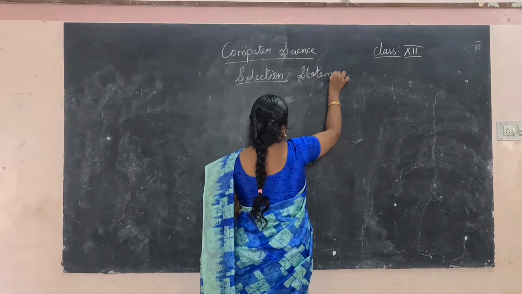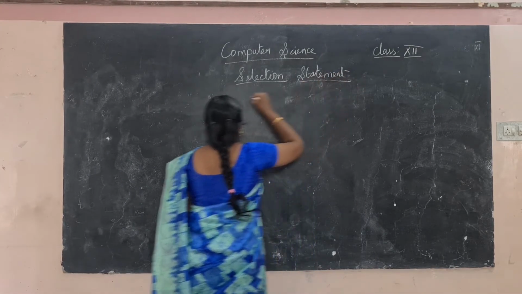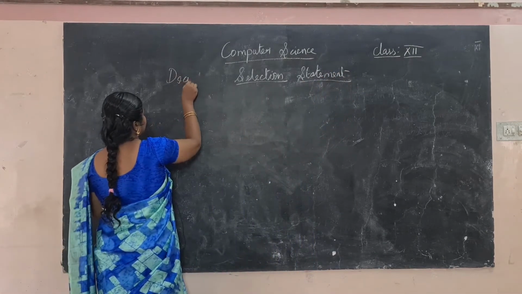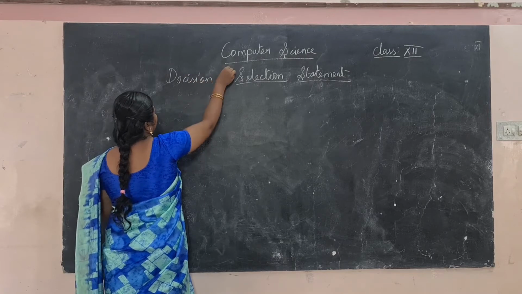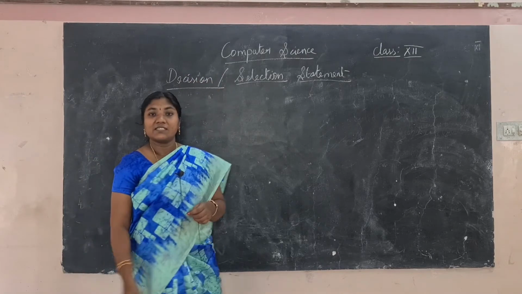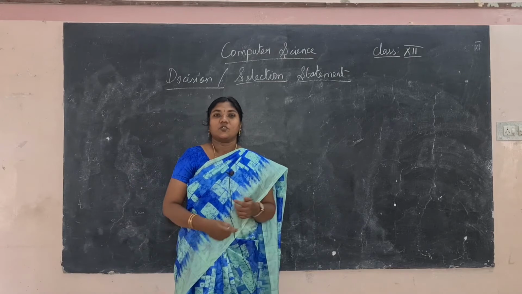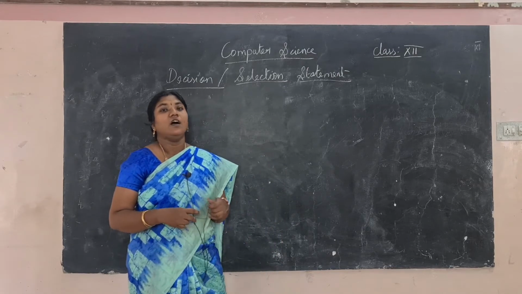We can also call it the decision statement. So, selection statement or decision statement. In this we have nearly 6 types.